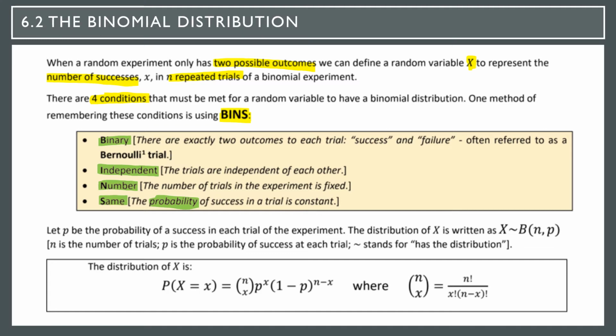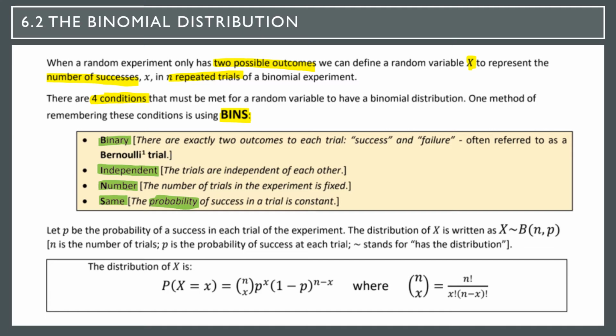For I, independent, the trials are independent of each other, because if I flip a fair coin, the first toss has no influence on the result of the second, the third, all the way up to the final 20th toss. And then for number, we have specified in this particular example that we are looking to toss our coin 20 times, so the number of trials in this experiment is fixed.